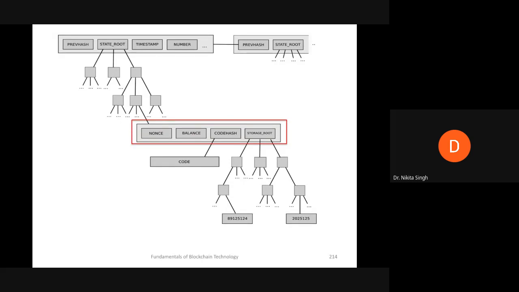So, in the last class, we were talking about how the Merkle Patricia trees work. The reason why we have a tree, either a Merkle tree or a Merkle Patricia tree, is because we need to store data in Ethereum.